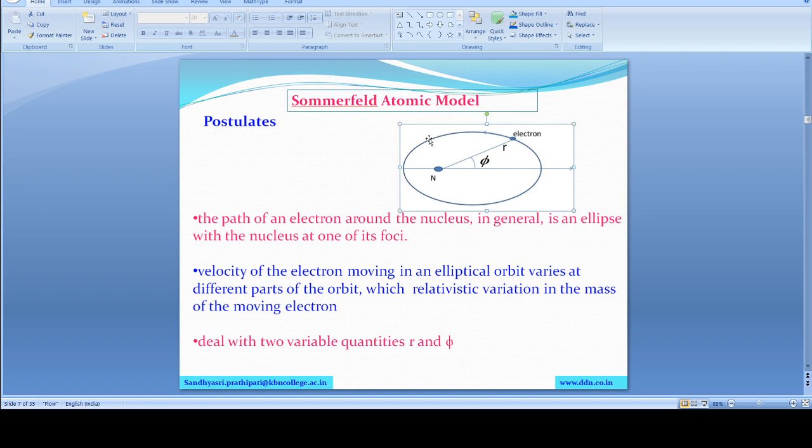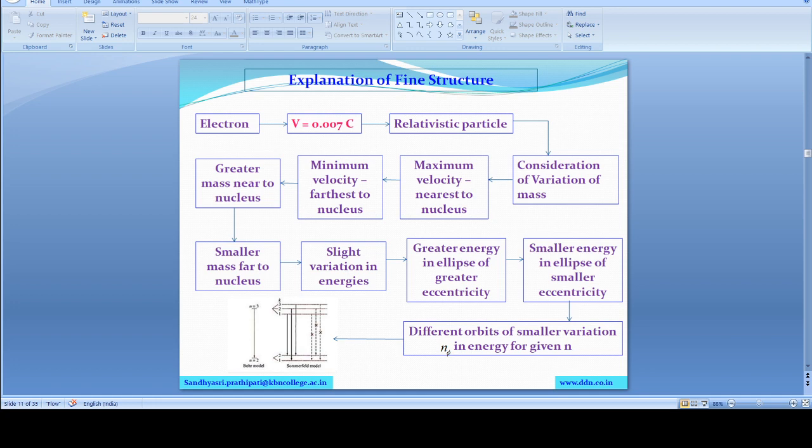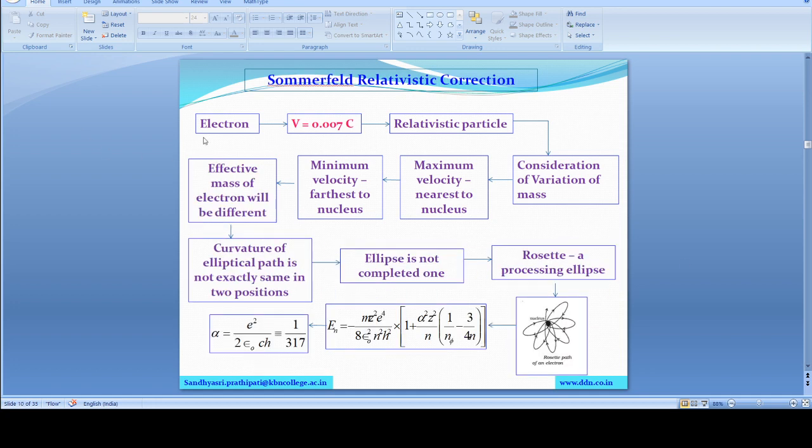Whenever the attractive force is more, the velocity of the electron is also more. Just vice versa here. So at the nearest point, maximum velocity. At the farthest point, it has minimum velocity.